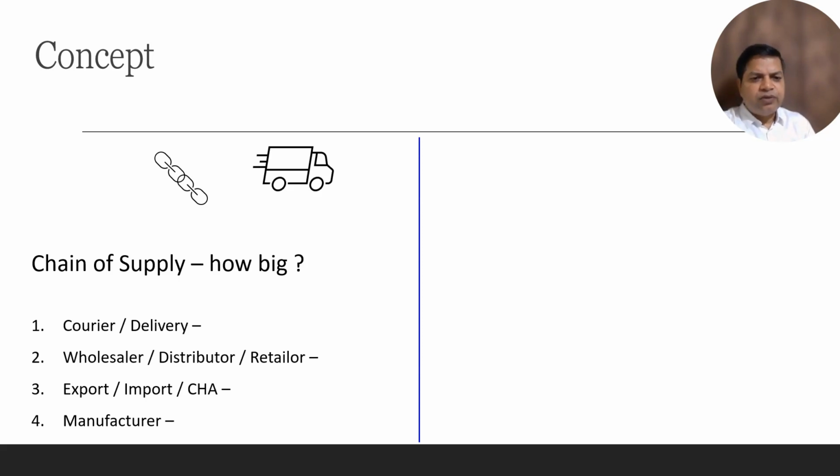They are also doing certain value addition to the raw material to get it converted to finished goods, and again getting it distributed to the retailer and wholesaler until it reaches the consumer. So obviously the nature of supply chain is bigger compared to the supply chain we have seen in the previous three types of companies.